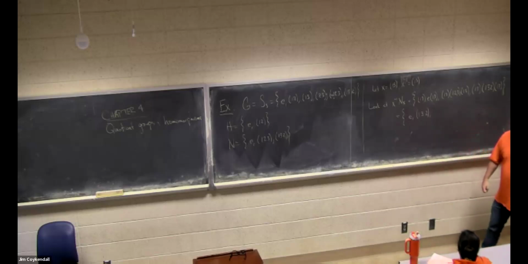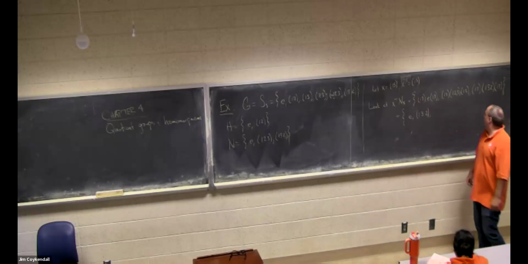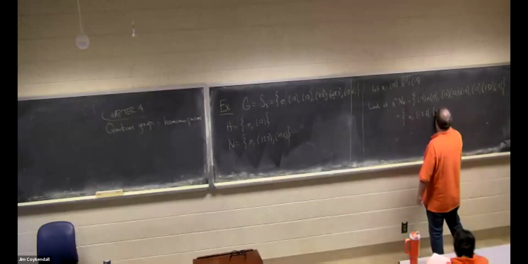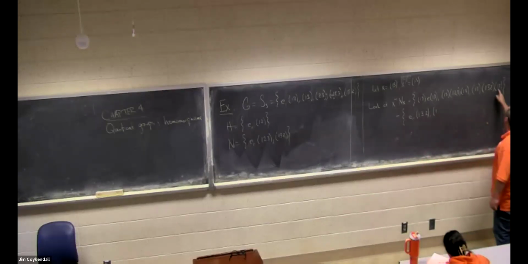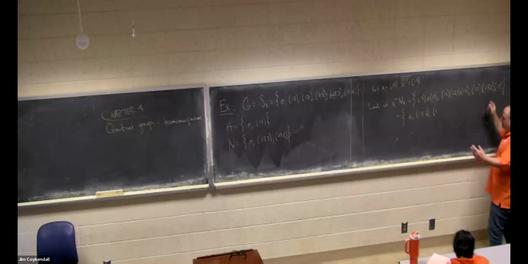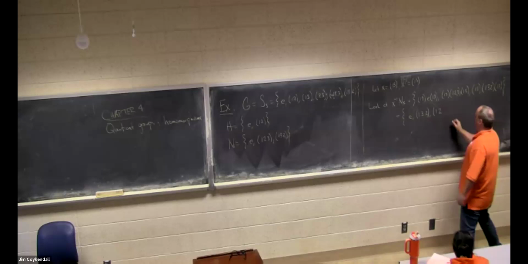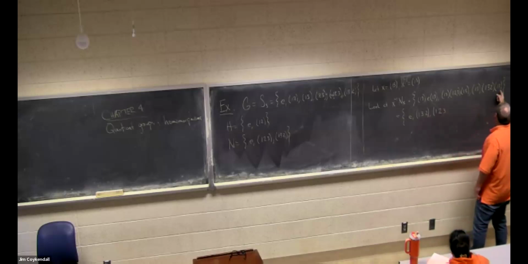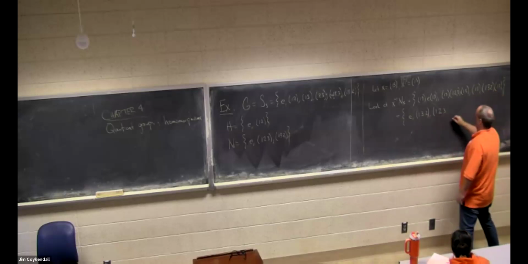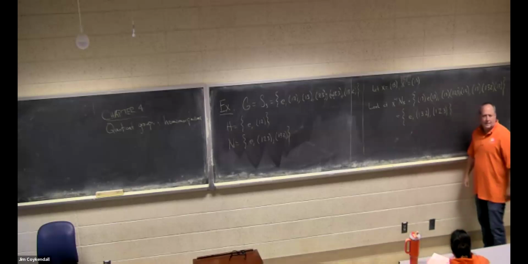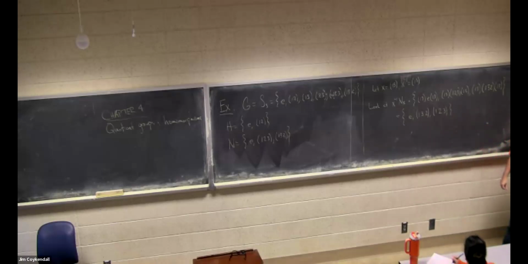Right here. Now let's do the last one. Where does 1 go? It goes to 3 to 2. It's done. 2 goes to 1 and then to 3. And 3 goes to 1 to 3 to 1. Everybody with me?